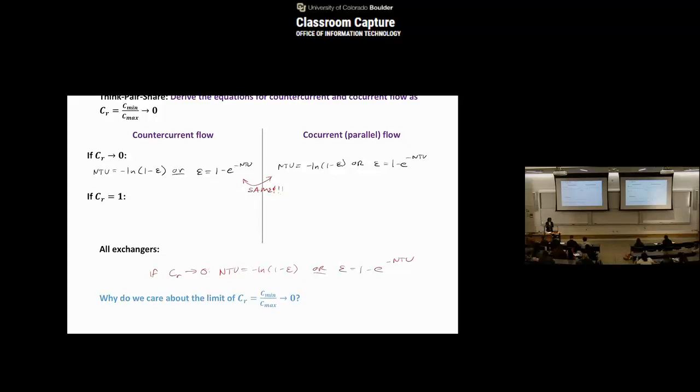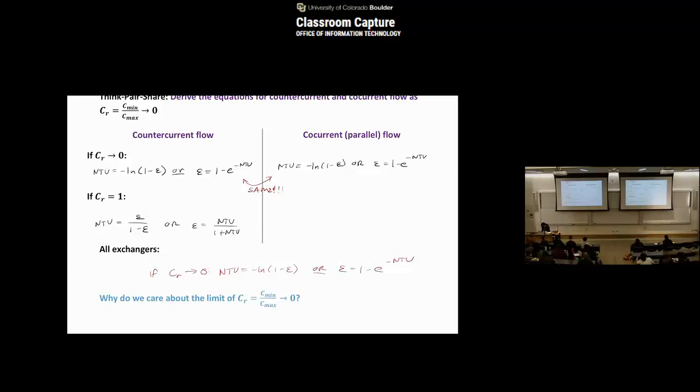I'm not gonna cover the derivation for the case where CR is equal to 1. I'm just going to give you the formula. So if CR is 1, this is saying that the capacity coefficients of our hot and cold fluid are exactly the same. So in that case, for countercurrent flow, NTU will be equal to epsilon over 1 minus epsilon, or epsilon is equal to NTU over 1 plus NTU.